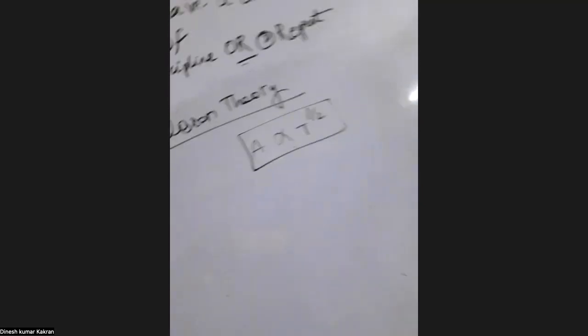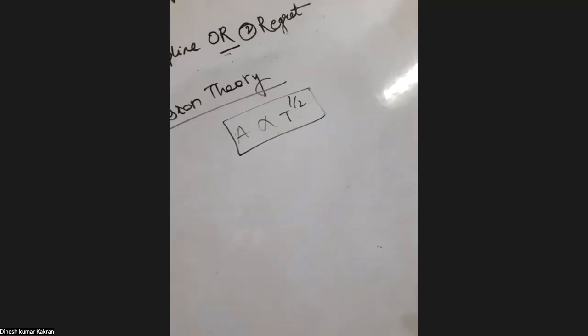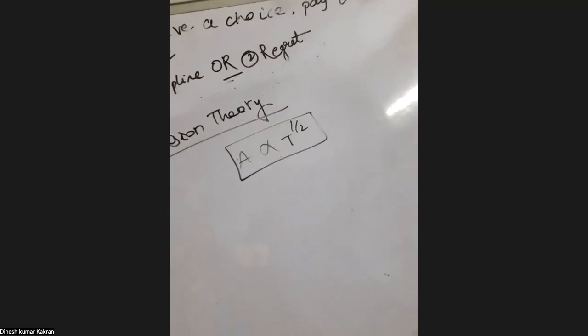When we derive the collision theory, the pre-exponential factor A is directly proportional to the square root of T, where T is temperature and A is the pre-exponential factor. We derive it in the collision theory, sir.